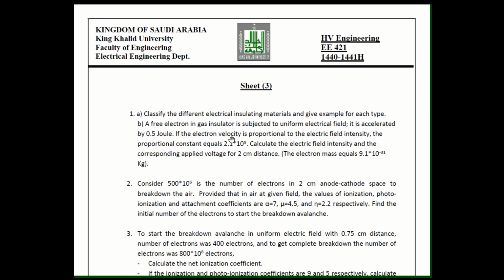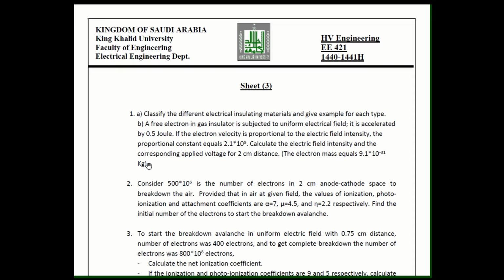If the electron velocity is proportional to the electrical field intensity, the proportional constant equals 2.1 into 10 to the power 9. So he wants us to calculate the electric field intensity and the corresponding applied voltage for a 2 centimeter distance. The electron mass equals 9.1 into 10 to the power minus 31 kilogram.